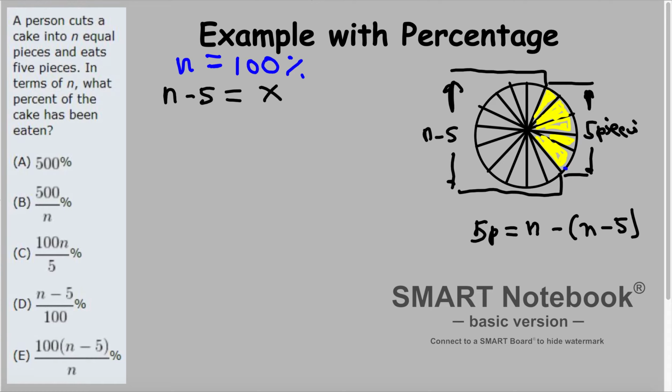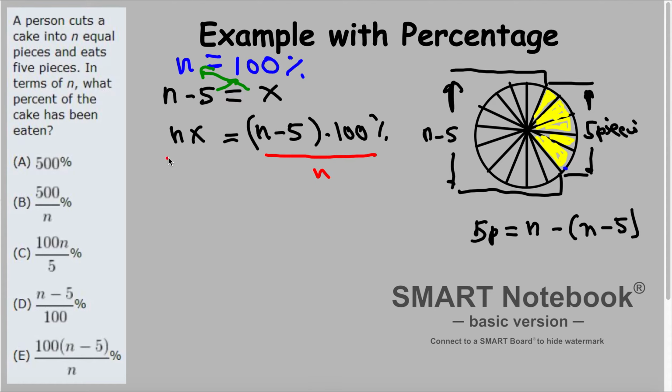So first of all, let me go with the cross product here. And x times n is nx. So let me write nx is equal to (n minus 5) times 100%. And now I'm dividing everything by n, because I want to solve with respect to x.